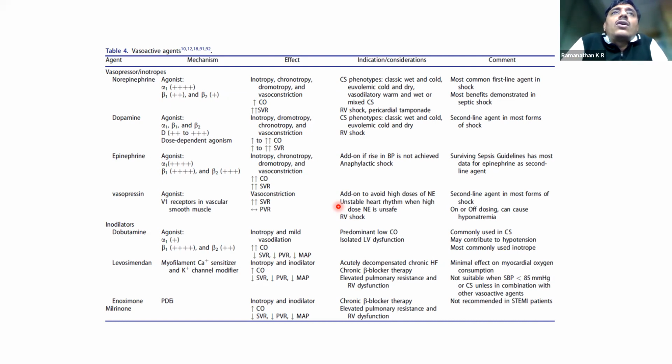So essentially, an agent like norepinephrine, which has more peripheral vasoactivity, cannot be compared with, let us say, something like dobutamine or even epinephrine that has predominant inotropic effect.